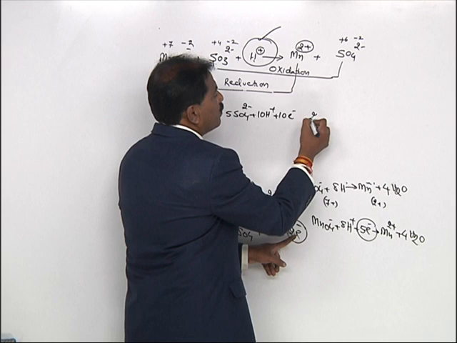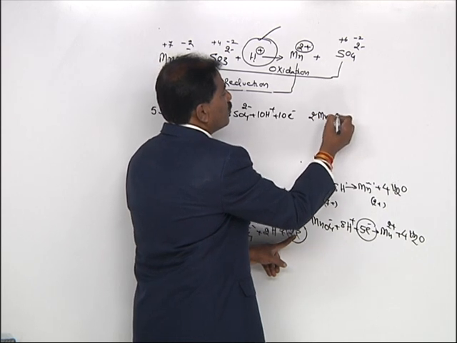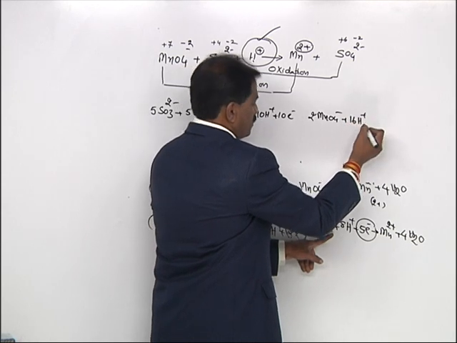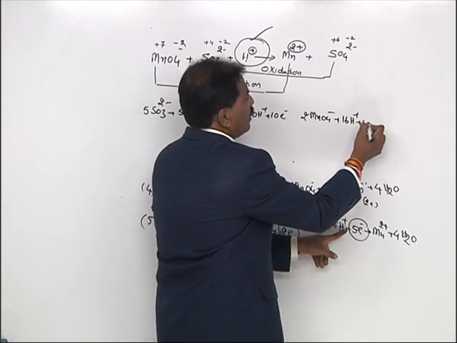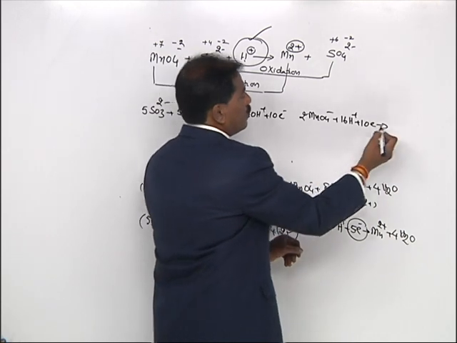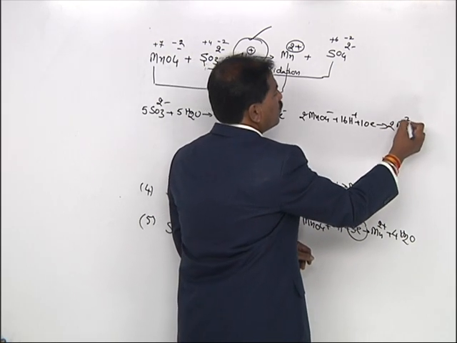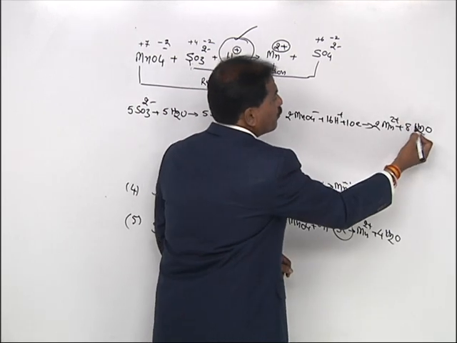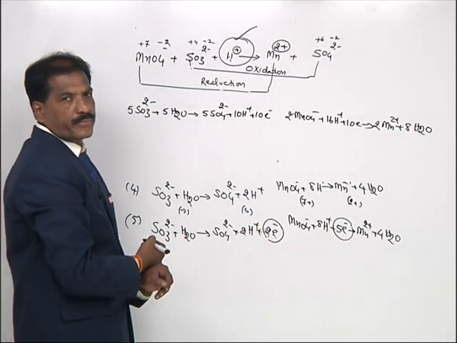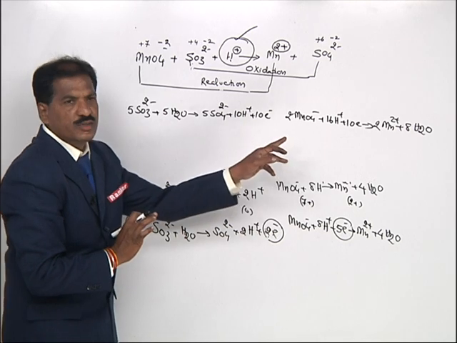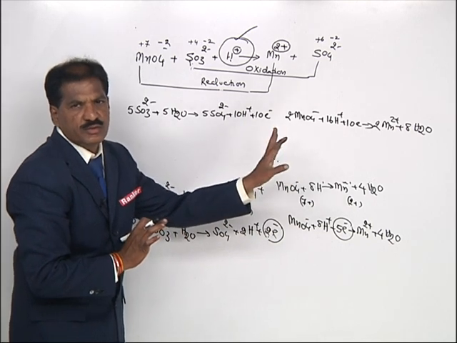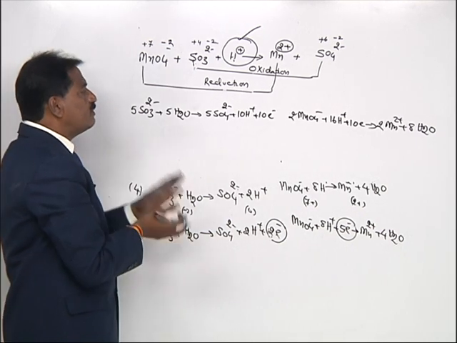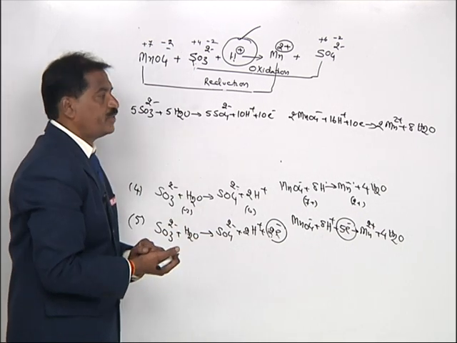Now, 2MnO4- plus 16H+ plus 10 electrons gives 2Mn2+ plus 8H2O. Now we have equalized the electron number in both the half reactions.